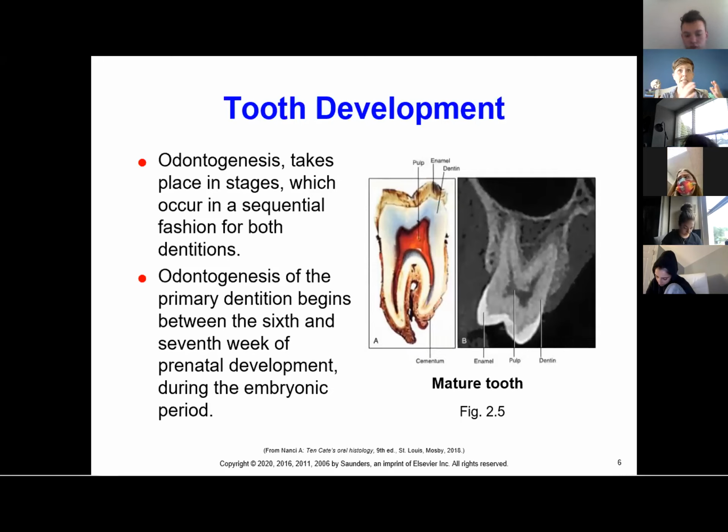It takes place in stages which occur in a sequential fashion for both dentitions. However, the stages are used to help focus on the different events in odontogenesis and are based mostly on the shape of the developing structure.